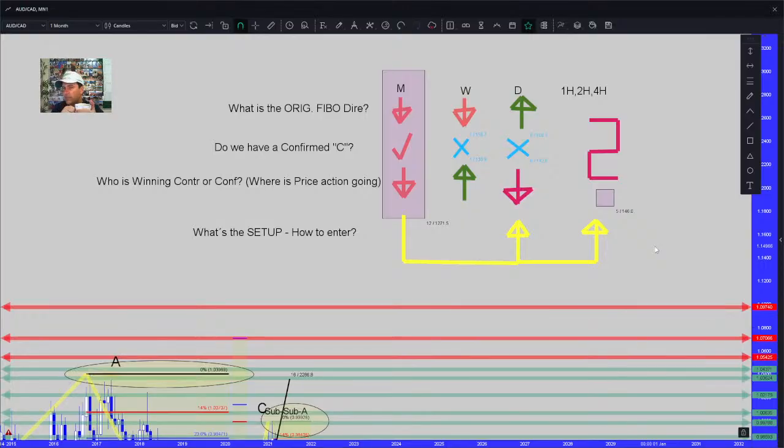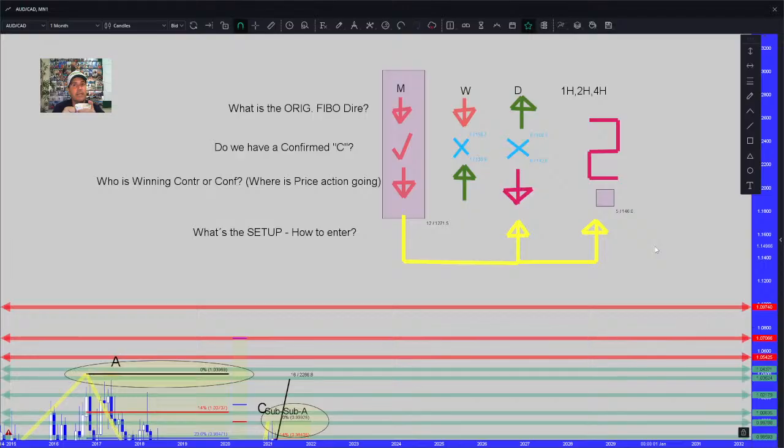Boss, can you repeat the question? If the monthly is the strongest force, and it is, and the monthly original Fibonacci is down, it has a confirmed C, and the confirmation Fibonacci is going down, yes. If you would short the market on the 1 hour, 2 hour, 4 hour chart, can you still lose even though you would trade in the direction on the monthly?